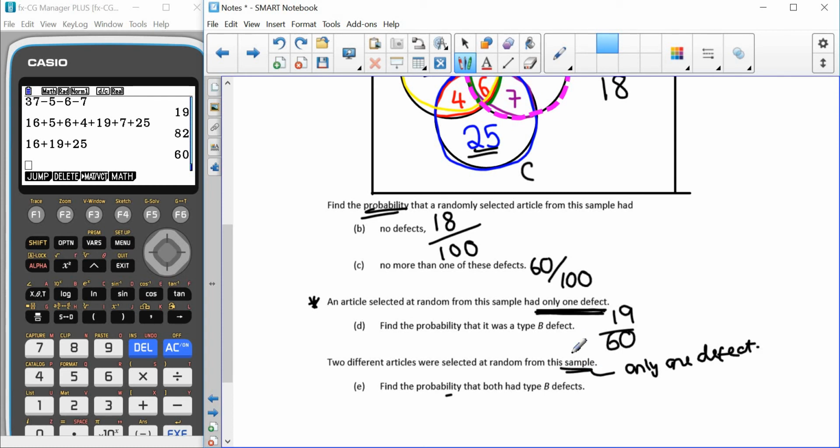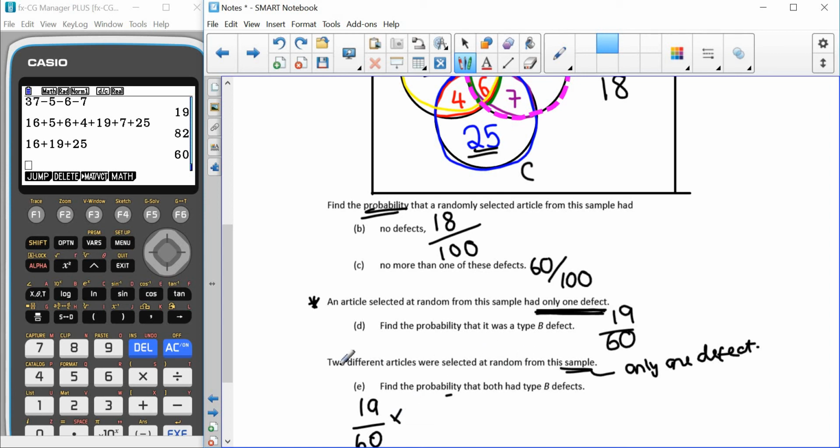As I said, it's a bit ambiguous as to whether that's meaning the sample, meaning the 100 items, or the sample meaning the 60 that only have one defect. If we're reading it as only one defect, then the first item that we're looking at has a probability of 19 out of 60 of having a type B defect.